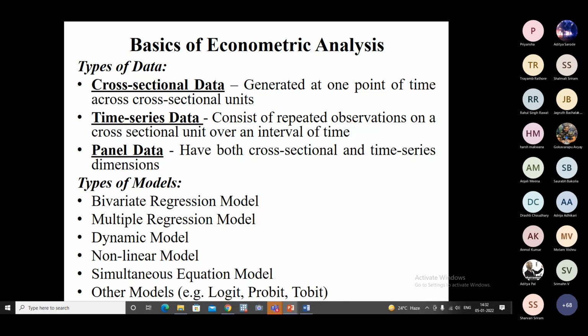Now, in case of cross-sectional data, what happens? Data are generated at one point of time across the cross-sectional units. Like say per capita income in different states of India in the year 2020-21.